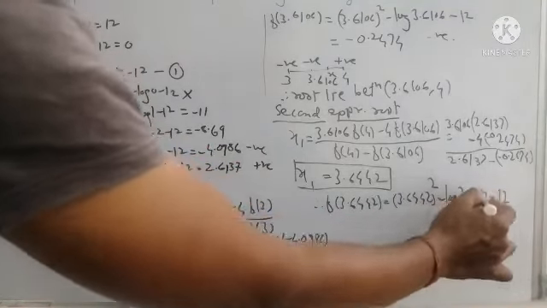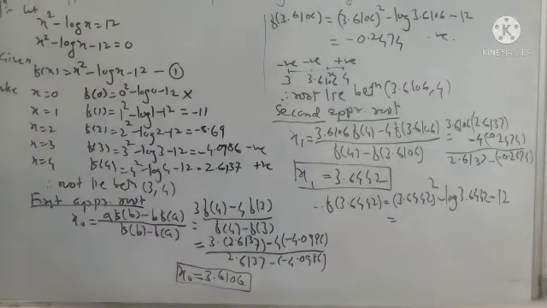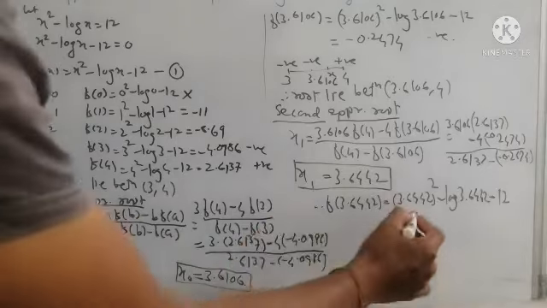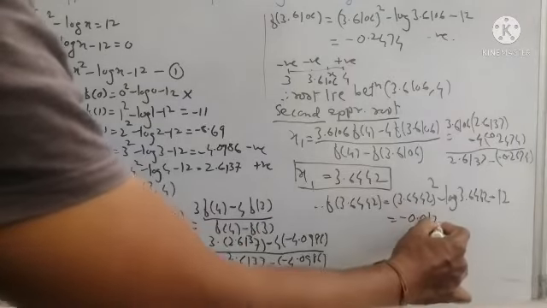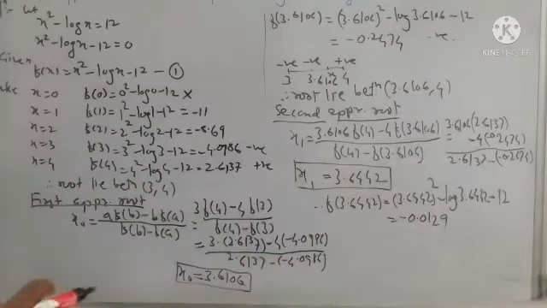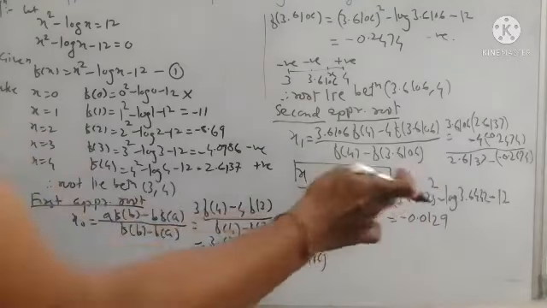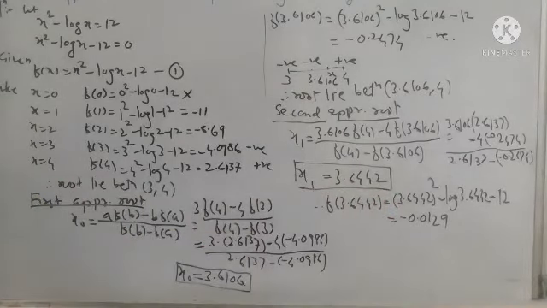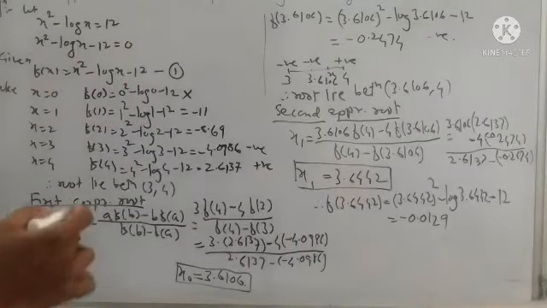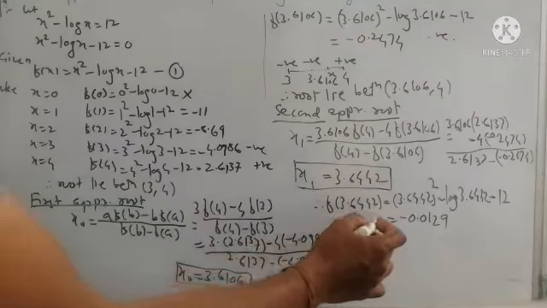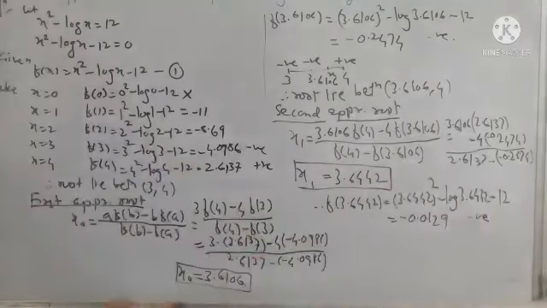So using the calculator again we get the value of the function at 3.6442 as minus 0.0129. So you can observe that for this value the function is not equal to 0. So 3.6442 is not a root of this algebraic equation, as the function at 3.6442 has a negative sign.